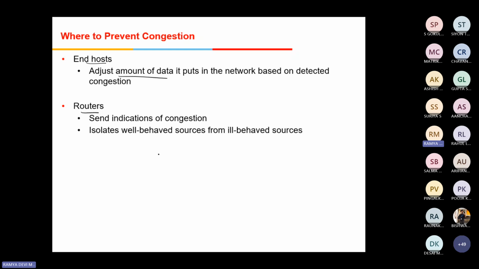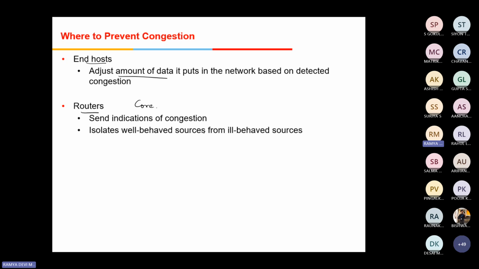The next one is at the router end. Routers are the core of the network, at the center of the network. So the higher responsibility is on the router to detect the congestion early. They can send explicit indications like warning bits, choke packets, and packet drops.